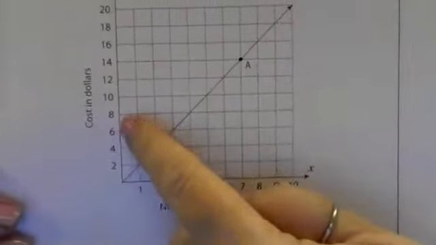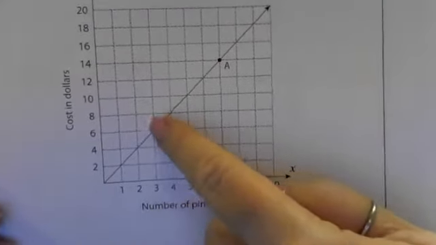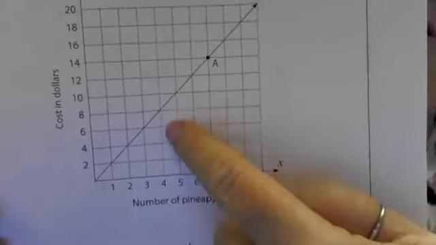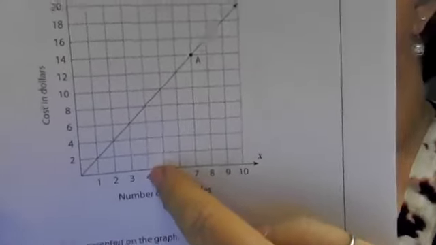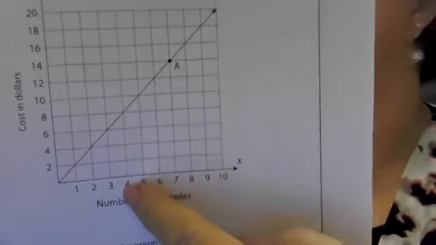Let's go to $8. You go over to the graph of the pineapples. When you hit the line, go straight down. How many pineapples can they buy for $8? 4. So, yeah, you just say 4 pineapples for $8.